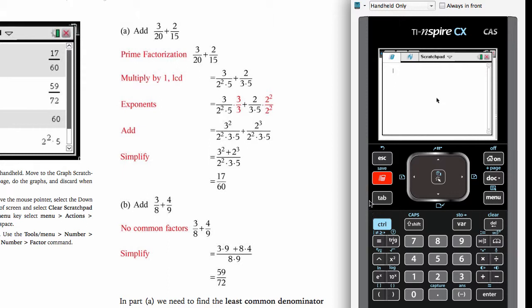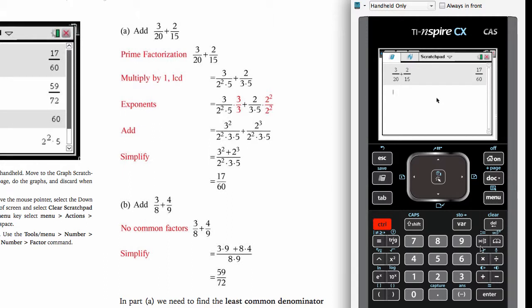To put this in, we'll use Control and our fraction template, 3/20ths, move down 20, move over, add, fraction template, 2/15, enter, get 17/60.